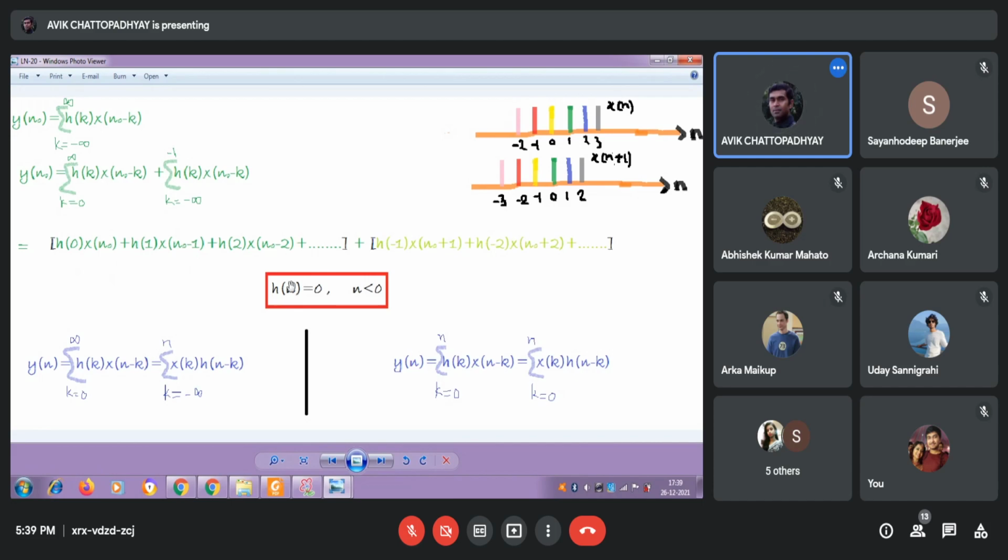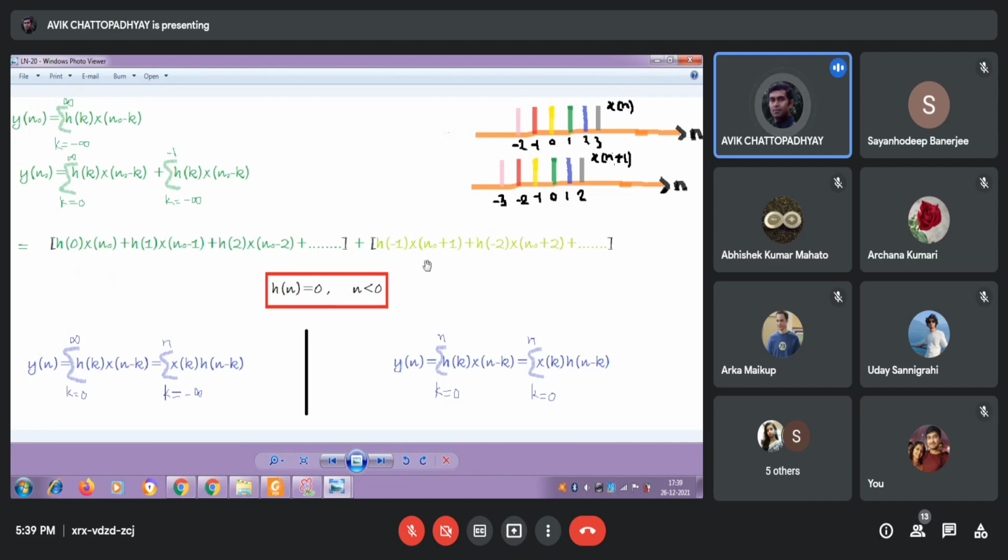Output of the system at any time n equals n0, because n equals n0 is a reference time here in this analysis, is to depend only on the present and the past inputs, because by definition of the causal system we know that it has to depend only on the present and the past inputs. It cannot depend on the future.